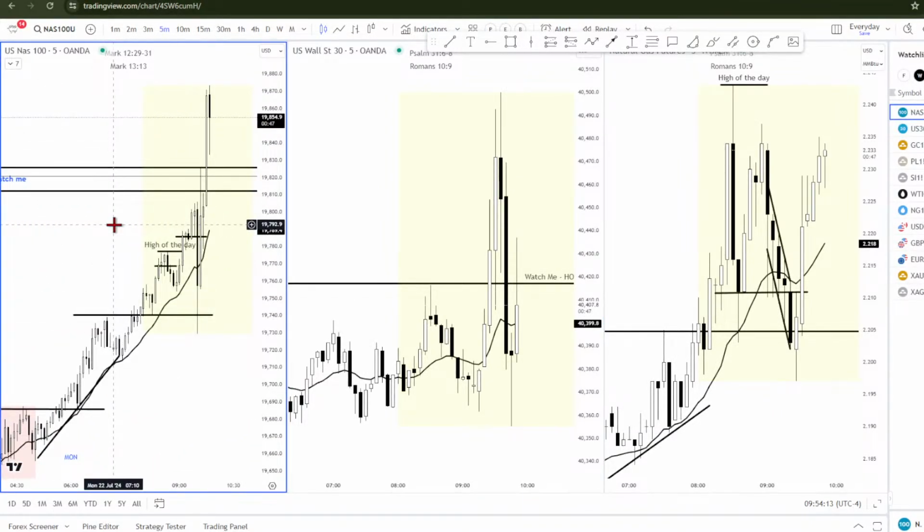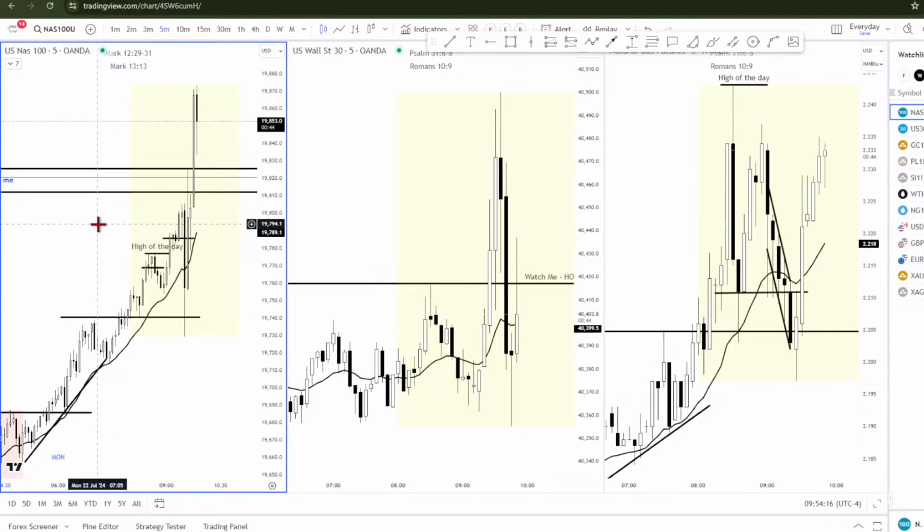But there's just no... Okay, we've got 6 minutes to the new hour open. Let's take a look at the hourly chart.